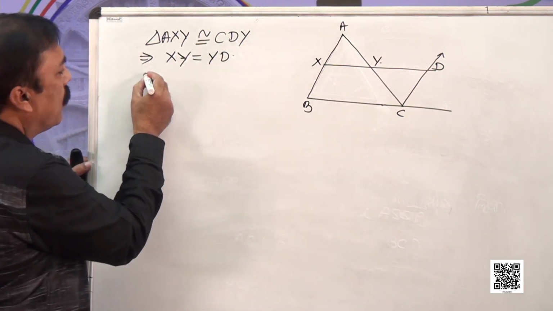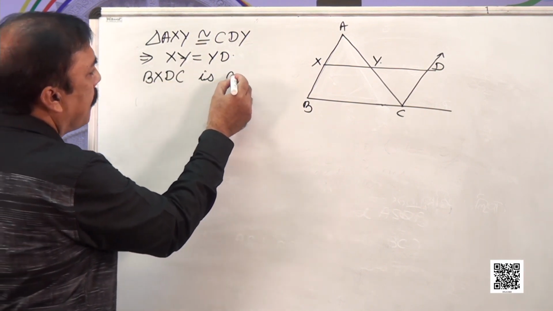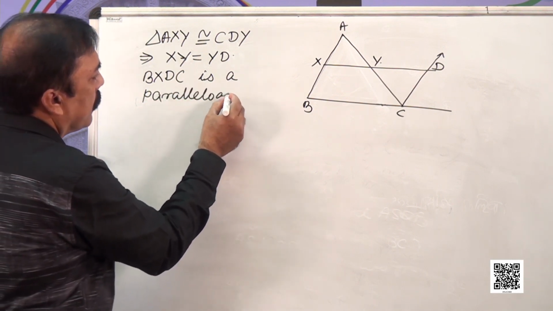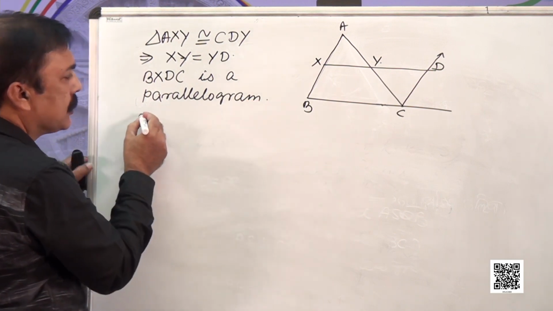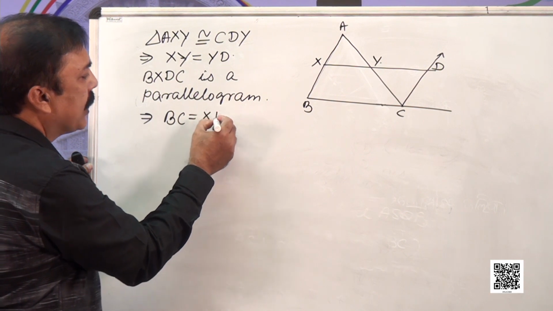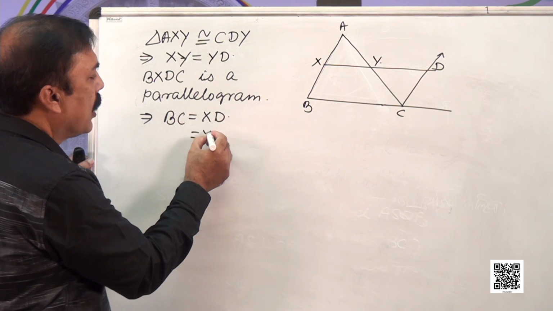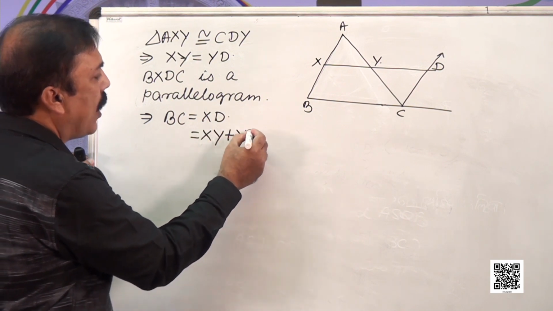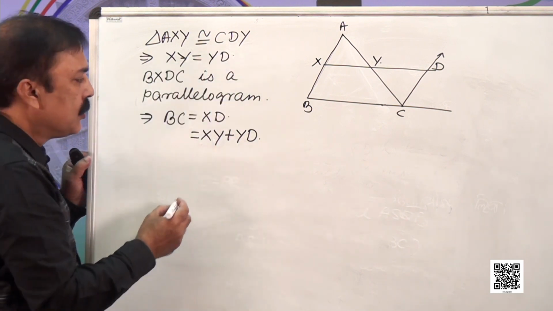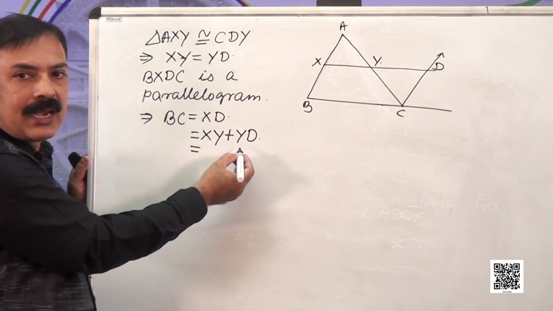Now we know that BXDC is a parallelogram. From this we get that BC is equal to XD. And what is XD? XD is equal to XY plus YD. And we know that XY is equal to YD. So in place of YD we can write XY.